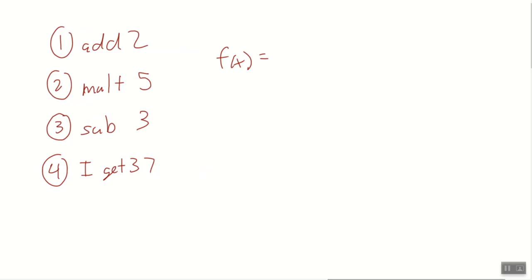I have my x. I'm going to add 2 to it. Then whatever this is, PEMDAS, I'm going to multiply it all by 5. And then whatever that is, I'm subtracting 3.